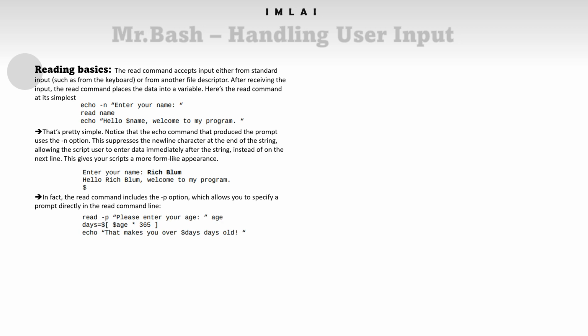So if you use the p option, instead of using read and then a name variable, it directly reads whatever you mention, and then you can add the variable name itself here. Then you can do any arithmetic operations, and finally print the output that you want. So let's go for this exercise now.